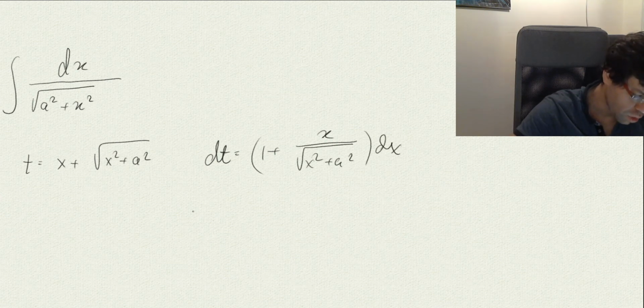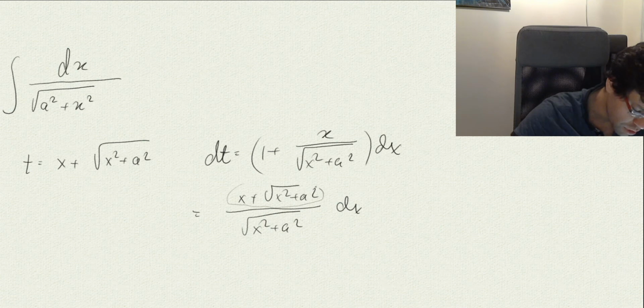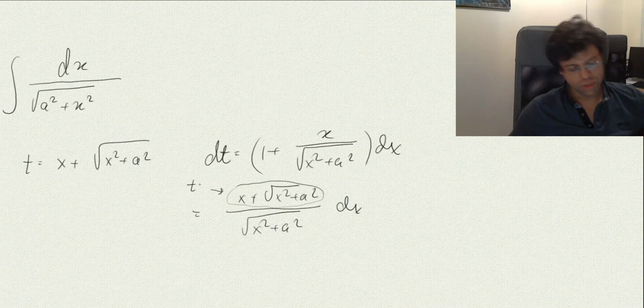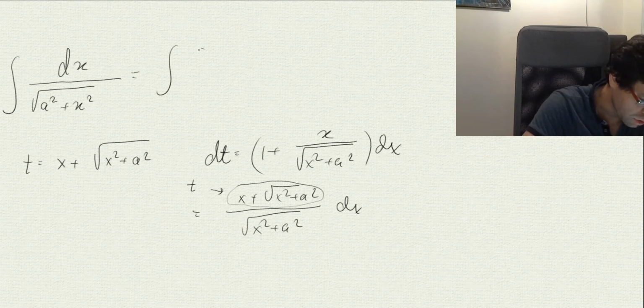And then it all becomes, again, x plus the square root of x squared plus a squared divided by the square root of x squared plus a squared. All of this dx. And again, the miracle and the genius in the Euler substitution is that this is t, right? So this is t, and then again what we have is that this integral becomes just the integral of dt over t.